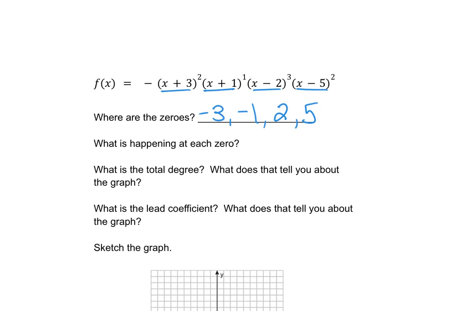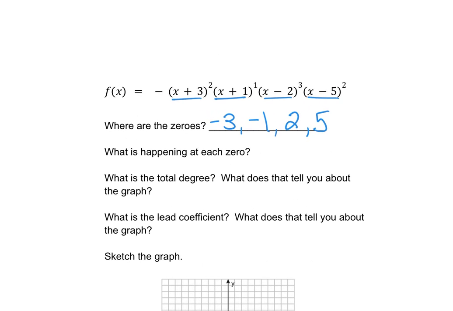That's basically what we did on our first step last time when we did the bounce, wiggle, cross activity. And what's happening at each 0? Well, let's look at our multiplicity. Our multiplicity at negative 3 is 2, so we are going to bounce at negative 3. At negative 1, we have a multiplicity of 1, which means we are going to cross there.